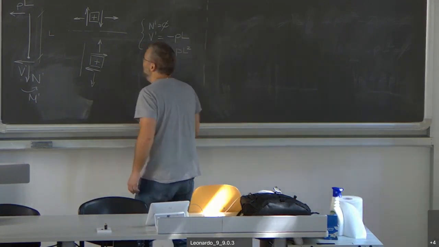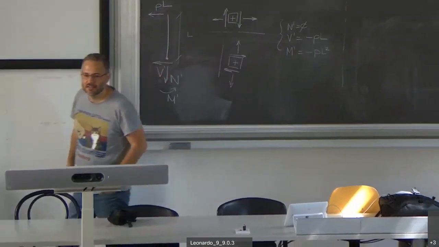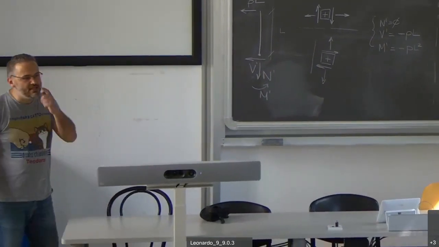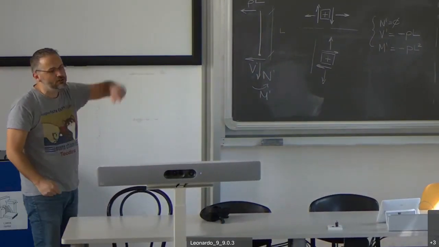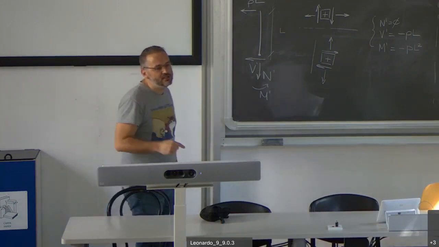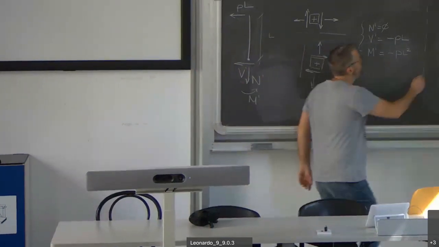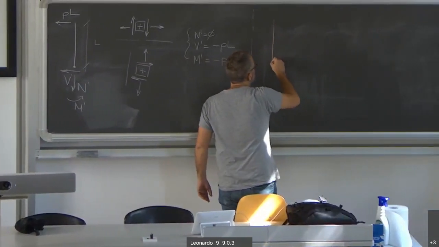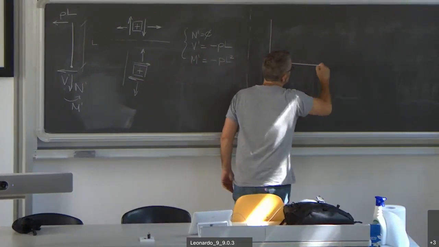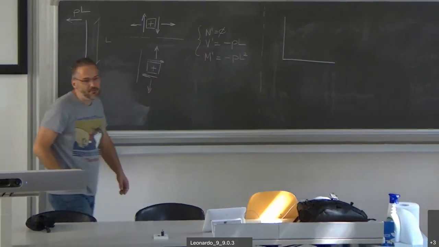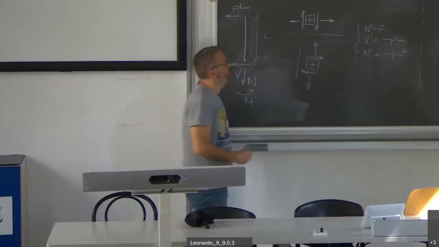Okay, let's go on. How can we now go on? Up to this point, it was easy. Now we have to go in the horizontal part. And again, I will do it another way. I will do it like this, by keeping also the vertical part.